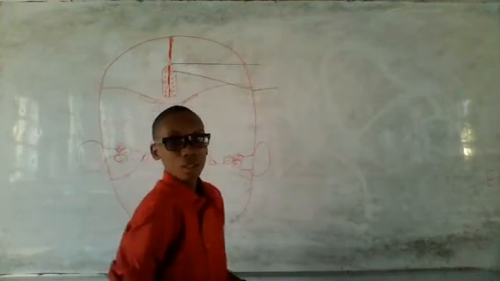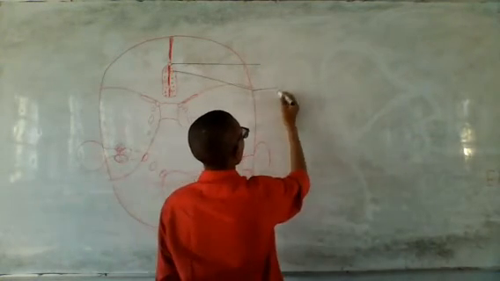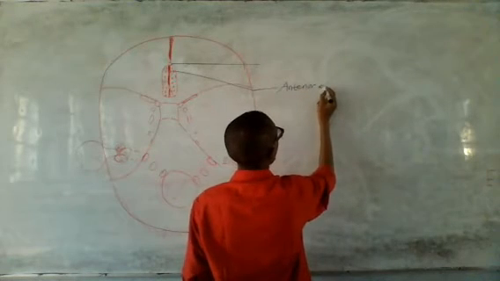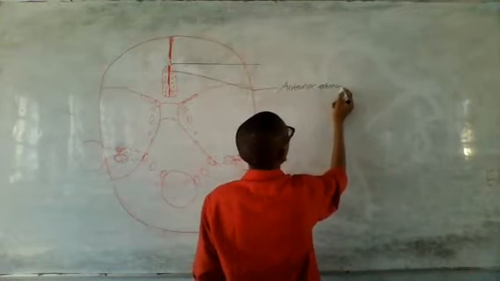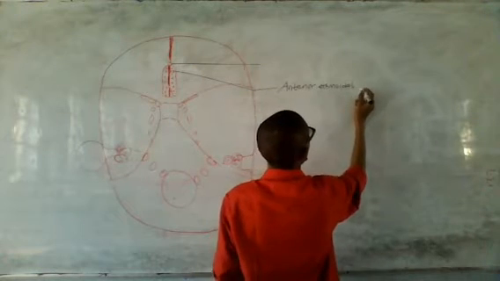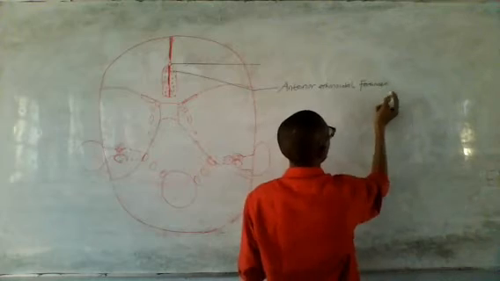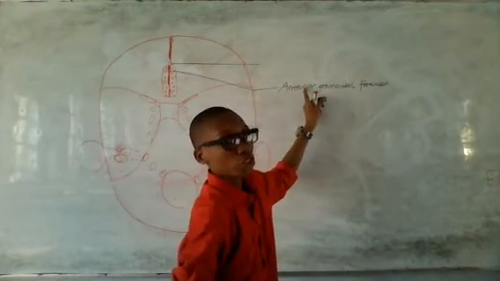So now, let's assume this is the anterior ethmoidal foramen. This is not the name of the structure.